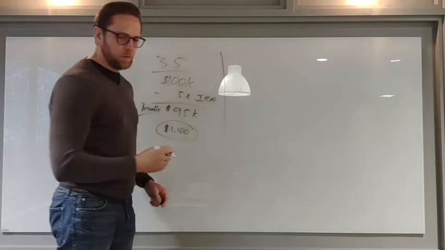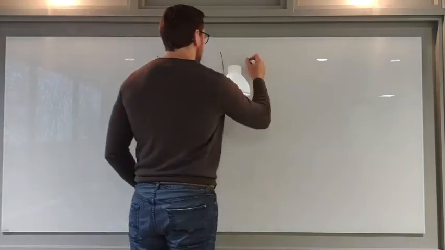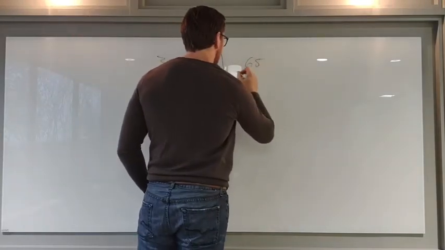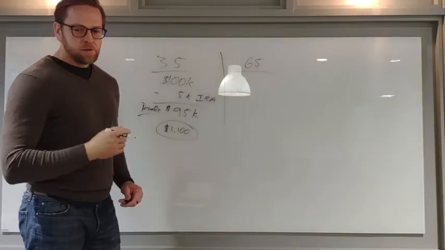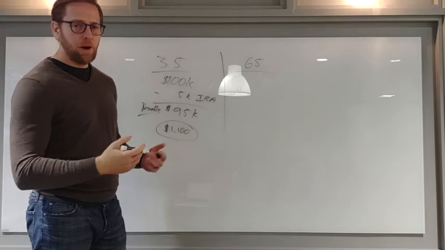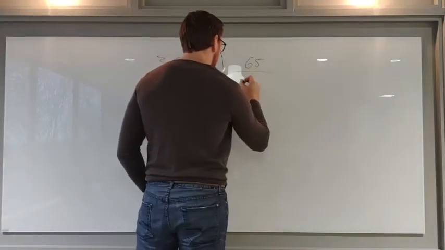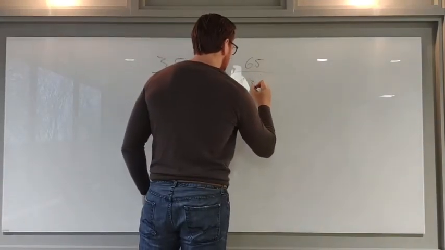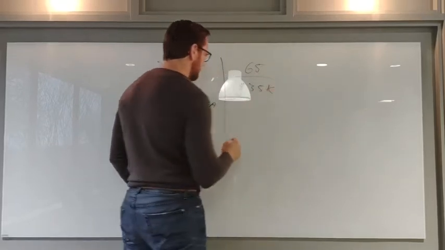Now let's fast forward to age 65. Let's pretend you're retired. So your income is a lot less. You're no longer working, you have some taxable income from investments, etc., maybe a part-time job, and your taxable income is now $35K.